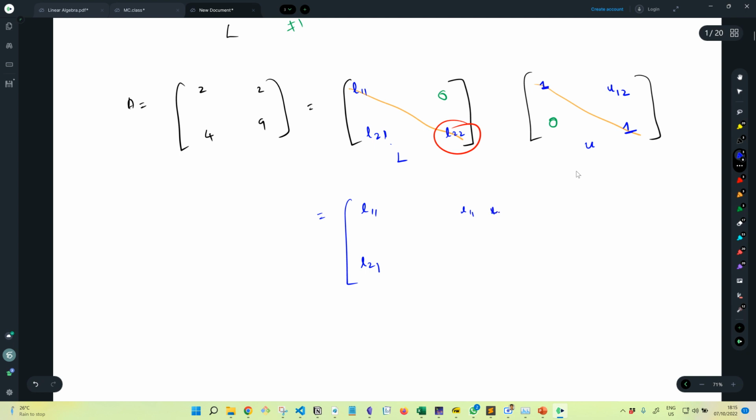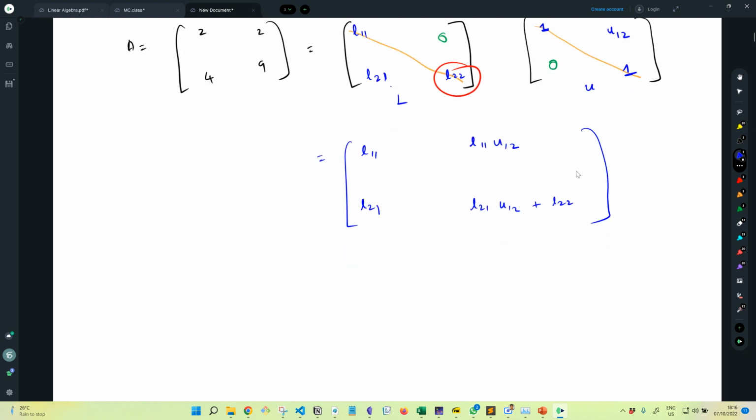The next element will be L11 into U12, and the last element will be L21 U12 plus L22. Our task is to find out the value of L22.